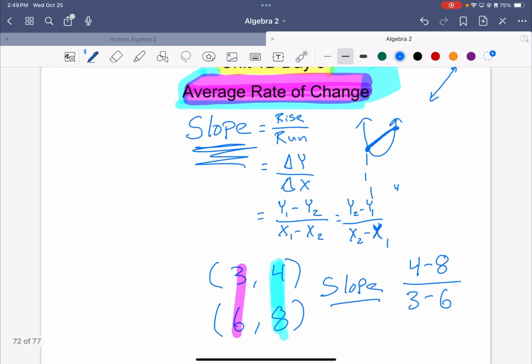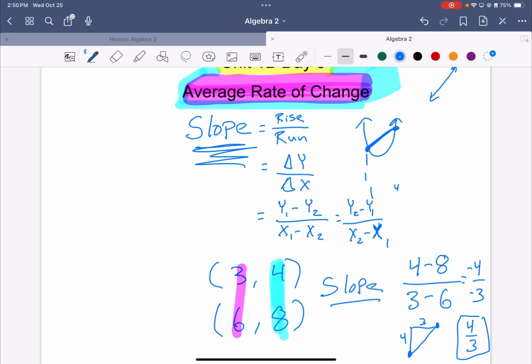Then you reduce that. So that's -4 over -3. A negative divided by a negative is a positive, so we would just make that 4 over 3. Which means on a graph, if you've got those 2 points, you're going up 4 and over 3 to create that next point. And that's what average rate of change is.